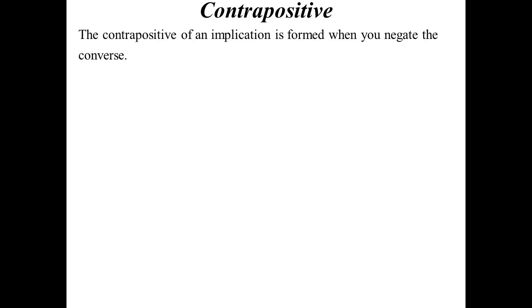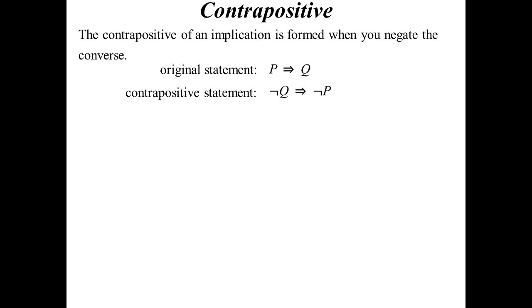Alright, this one might be new. Contrapositive. The contrapositive of the implication, you get that when you negate the converse. So in other words, if the original statement is P implies Q, the contrapositive of that is the negation of Q implies the negation of P. So you negate going back the other way, the converse.